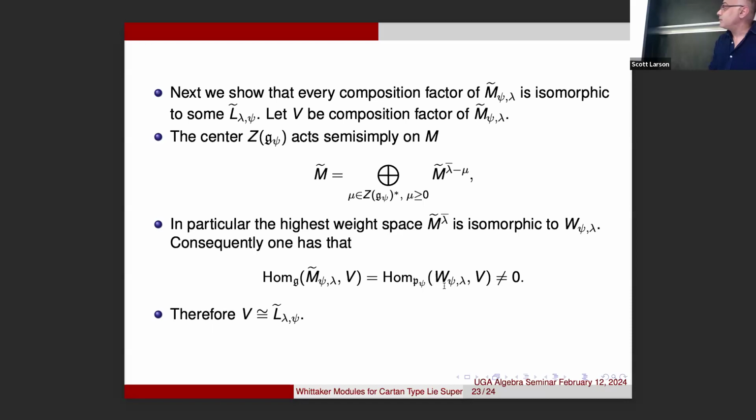So this space should be non-zero, because the highest weight space is isomorphic to the G psi module. Therefore, V has to be isomorphic to L tilde psi lambda.